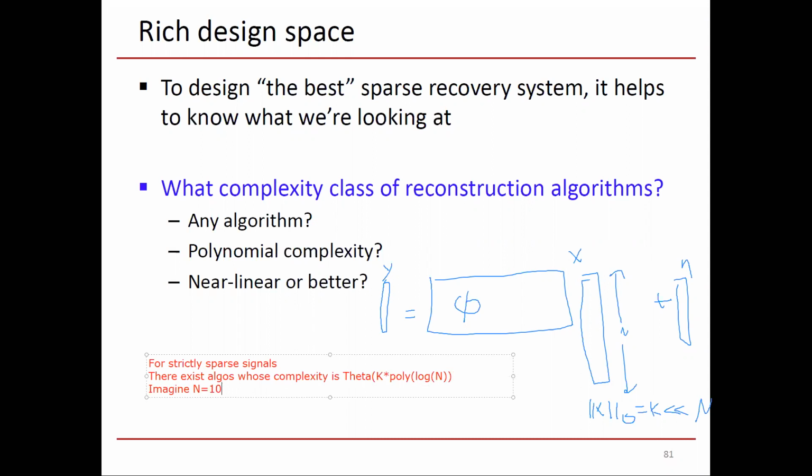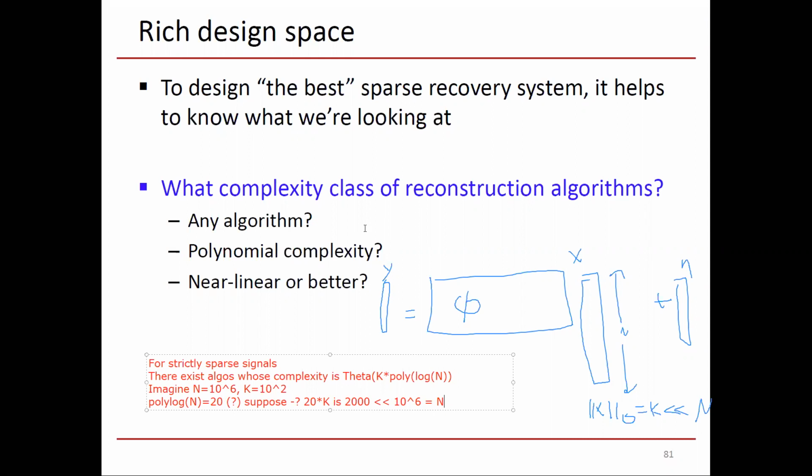Imagine n is 1,000,000 and k is 100. So if the polylog n is, let's say, 20, suppose, then 20 times k is 2,000. And 2,000 is much less than 1,000,000, which is equal to n. So there are situations where we have algorithms that are sublinear in n, but superlinear in k.